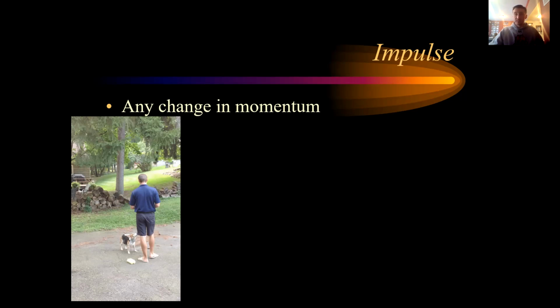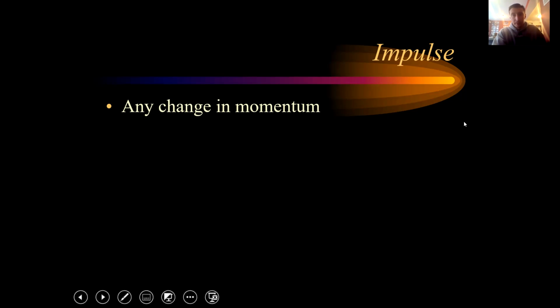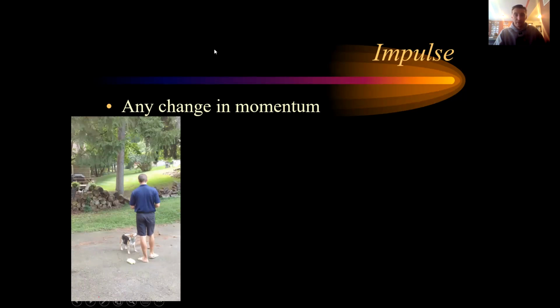So let's think about this. Change in momentum is equal to m(vf minus vi), right?